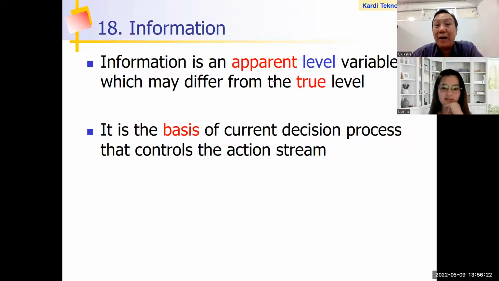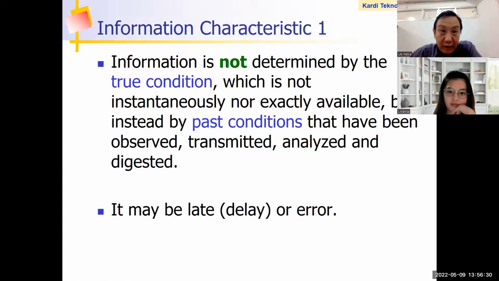Information is actually the apparent level, which may differ from the true level. This is the basis for decision. So information is not determined by the true condition, which is not instantaneous and not exactly available, but instead by past conditions that have been observed. So there is some kind of delay, right?